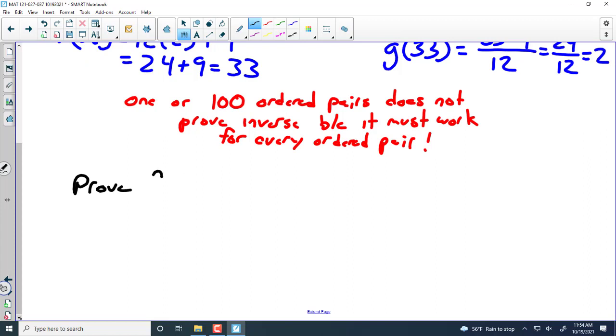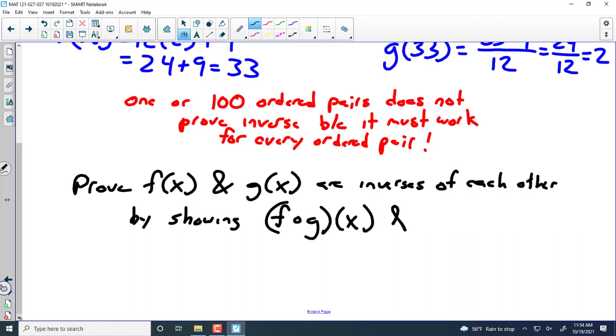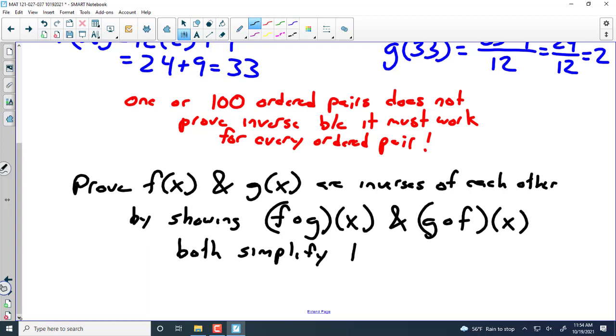Prove f of x and g of x are inverses of each other by showing f composed with g of x and g composed with f of x both simplify to x.